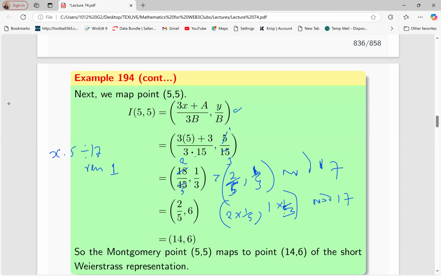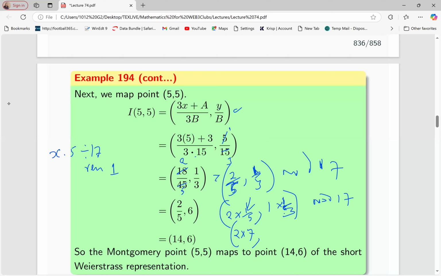I just want to try 7, looking at my answer, to see if it's 7. So 7 times 5 gives me 35. Divided by 17 goes 2 times. And what is the remainder? The remainder is 1. So 7 is the inverse of 5. So this will be the same as 2 times 7.